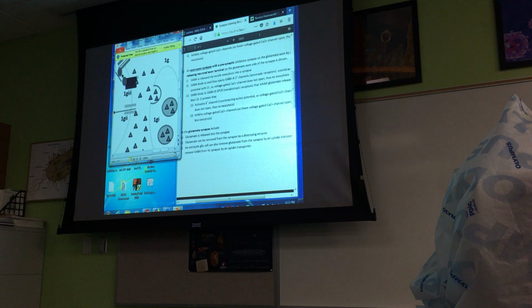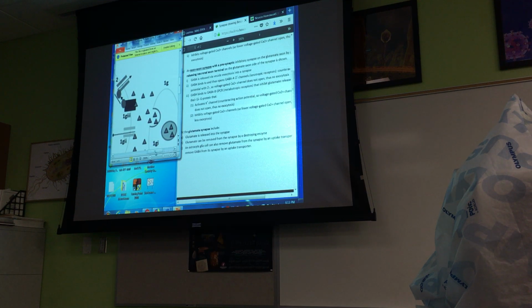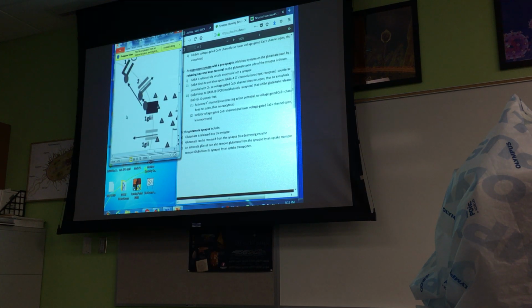GABA goes across the synapse and binds to GABA A, which allows for chloride to come through, and binds to GABA B, which is the same thing as the autoinhibitory actions. So GABA B does the same thing over here as well, causing opening of potassium channels and blocking these calcium channels. That's on the presynaptic side, right?